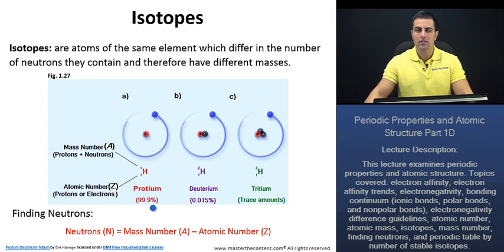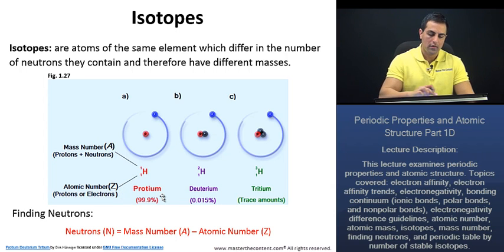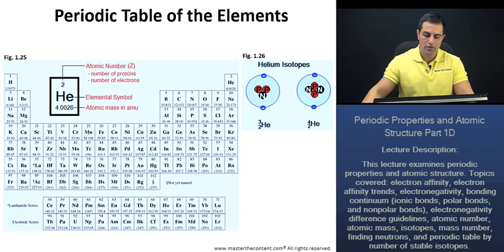Now, if we were to take the average mass of our isotopes for hydrogen, that is where we get that value that comes underneath the elemental symbol. It's just going to be 1.0079.